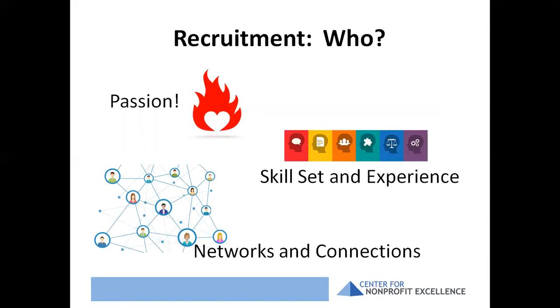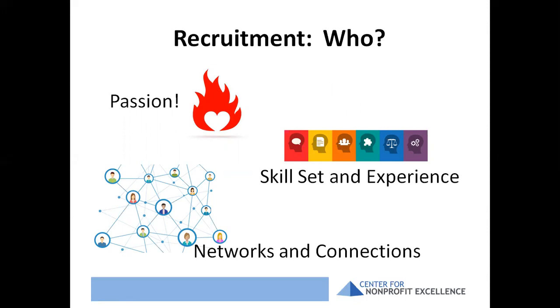So, as I mentioned earlier, it's not too soon to start thinking about who should be on your nonprofit's board. Who should you be looking for as a board member? Well, first and foremost, you should be looking for someone who shares your passion, someone who understands what you're trying to do and has a real passion in their heart for carrying on that work. Board work, if it's done well, is difficult work.